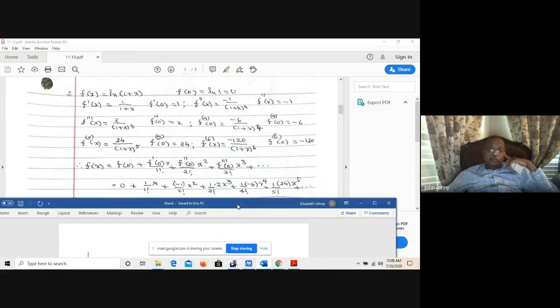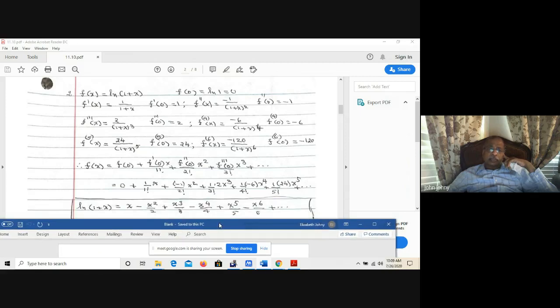And f 0 is 0, f prime 0 is 1, so 1 over 1 factorial times x plus negative 1 over 2 factorial times x square plus 2 over 3 factorial times x cubed plus negative 6 over 4 factorial times x to the 4 plus etc. So that is equal to x. 1 over 1 factorial is 1, so this is x.